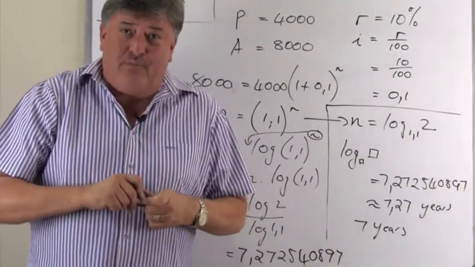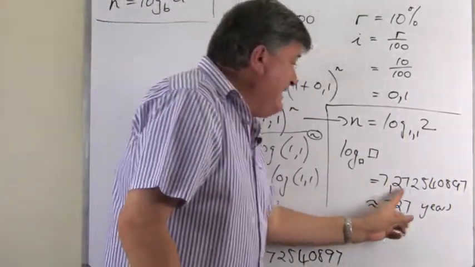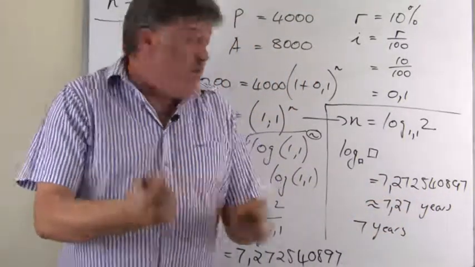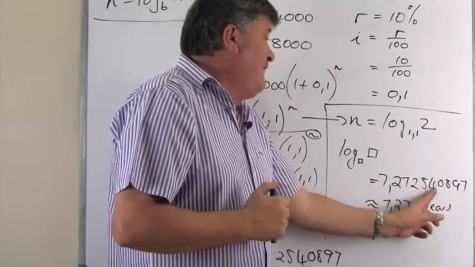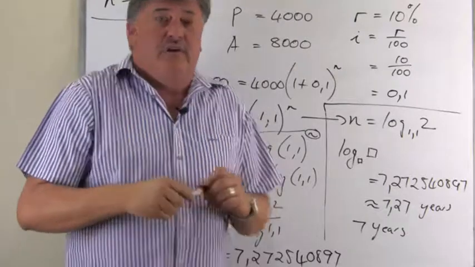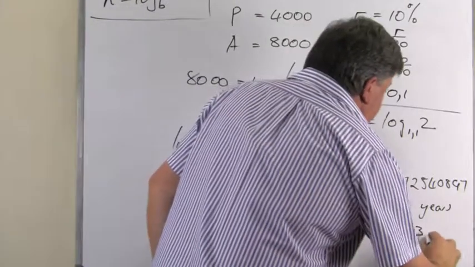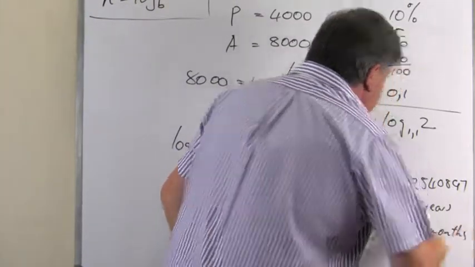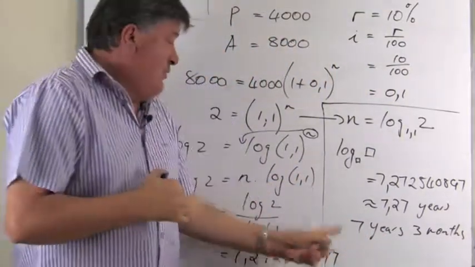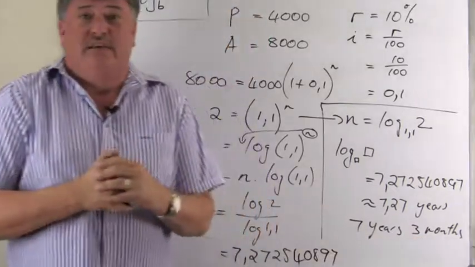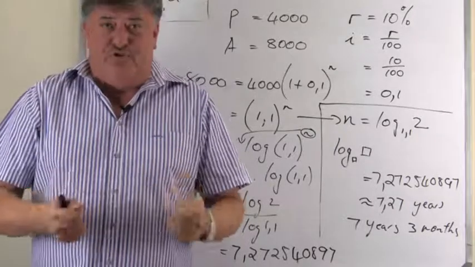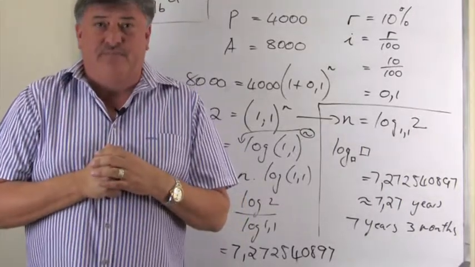To find the number of months, you will take all the decimals, instead of the 7, you will push 0,272540897 times 12, and it will give you 3 months. So your final answer in years and months will be 7 years and 3 months. That is how long it will take for the 4,000 Rand to become 8,000 Rand.